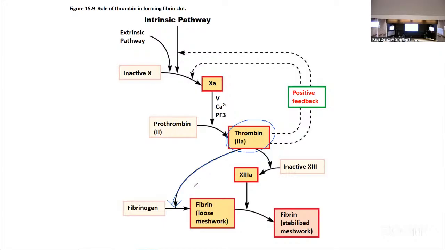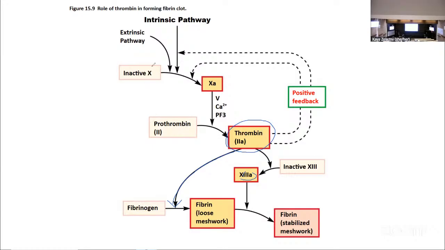So it's directly acting on this step. It's also indirectly responsible for the stabilization of that fibrin mesh. So you can see it's not directly what's converting this looser fibrin to the stabilized fibrin. Directly responsible is this factor 13, but thrombin is the thing that activates factor 13.